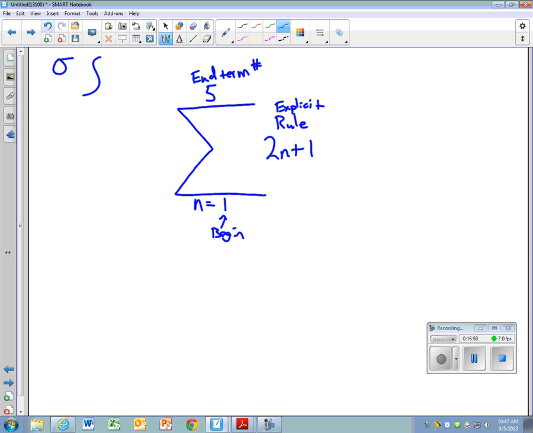So sequences and series take up a lot of space. A sequence is just a set of numbers. A series is a sum. And what we want to do is express it in a more concise manner. So this is really cool.